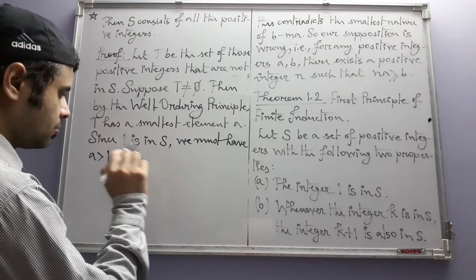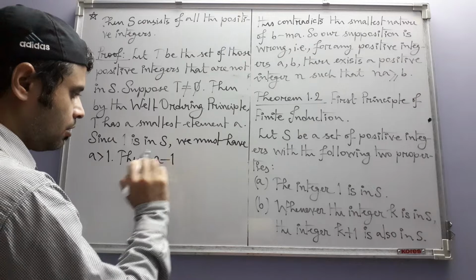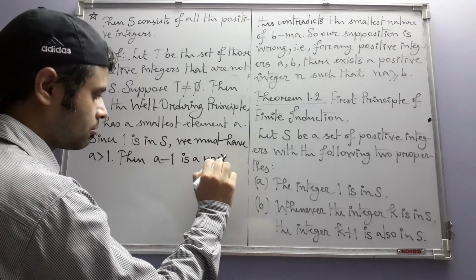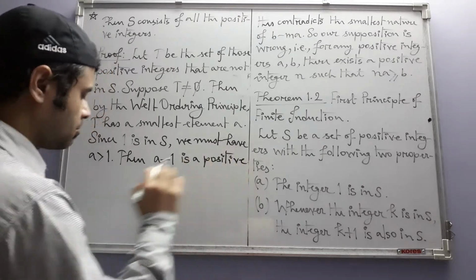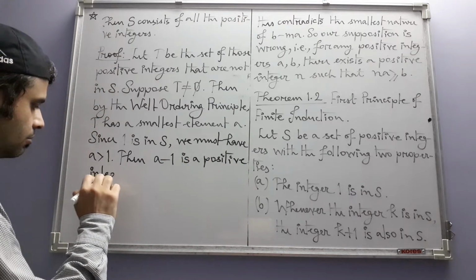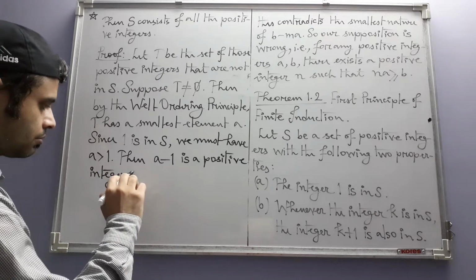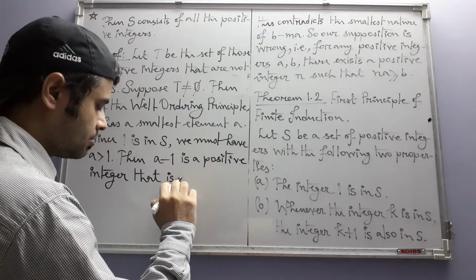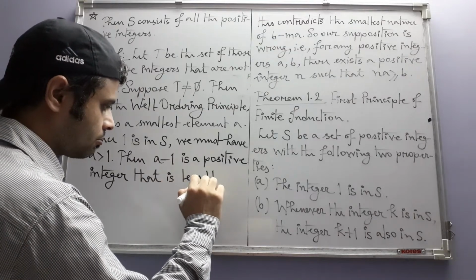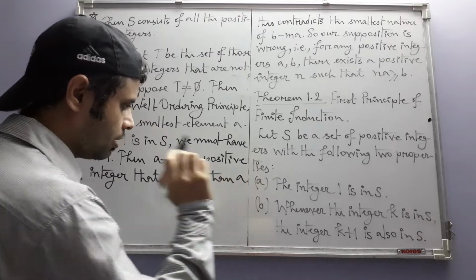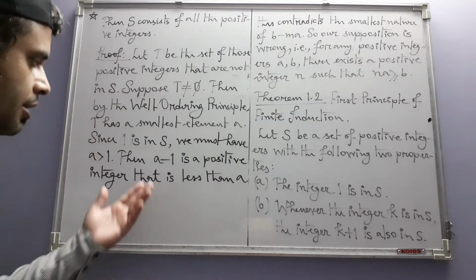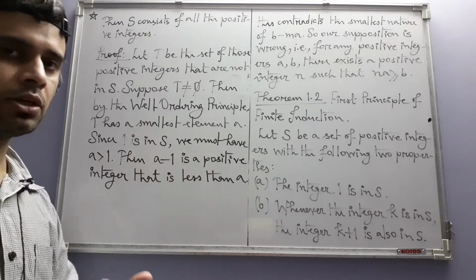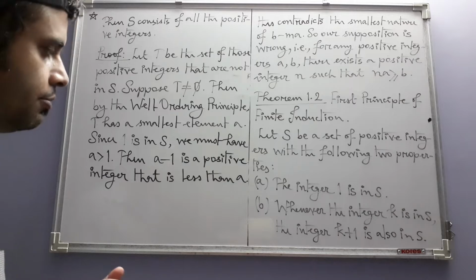Then A minus 1 is a positive integer that is less than A. A minus 1 of course is less than A, but since A is greater than 1, A minus 1 at the same time is also a positive integer.